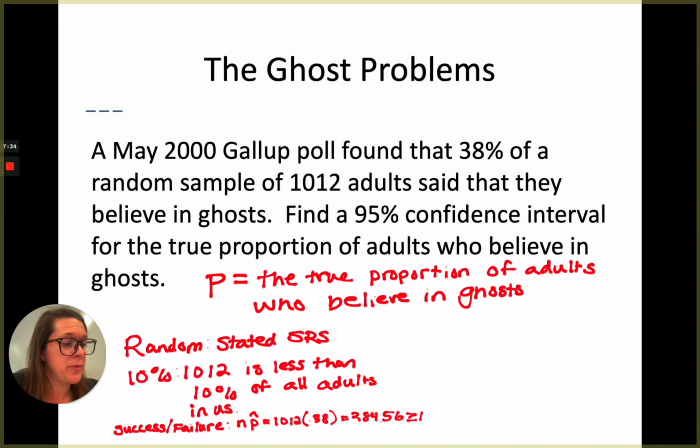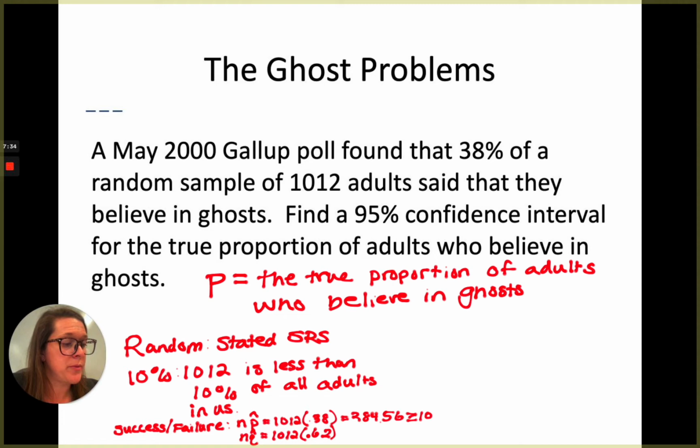That's greater than or equal to 10. And then nq hat is 1,012 times 0.62. Oh my gosh, I can't even do the math right now. So that's going to get me, what?